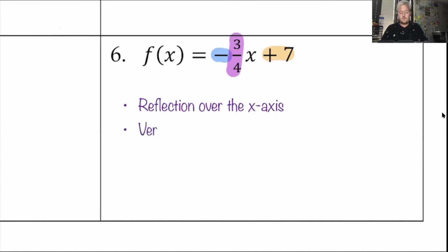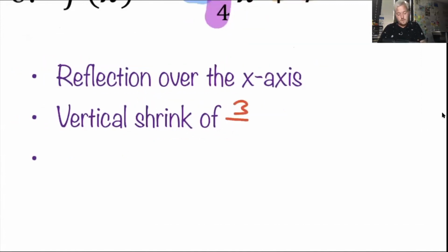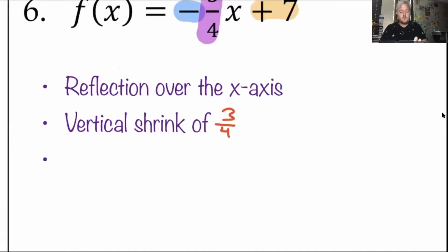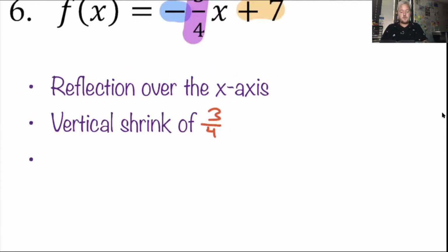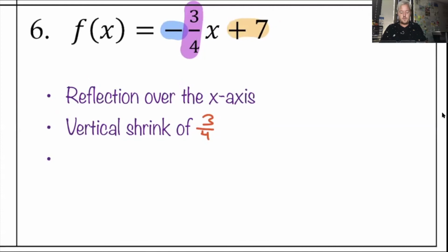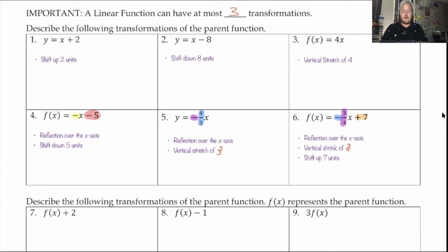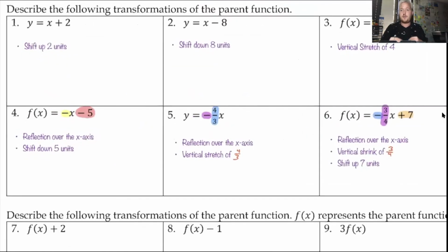So this is a vertical shrink of 3/4. I'll write that in. All right, and last but not least, that +7, which means shift up 7 units. So remember, be very explicit in how you write it. Your notation and how you write these things needs to precisely match mine.